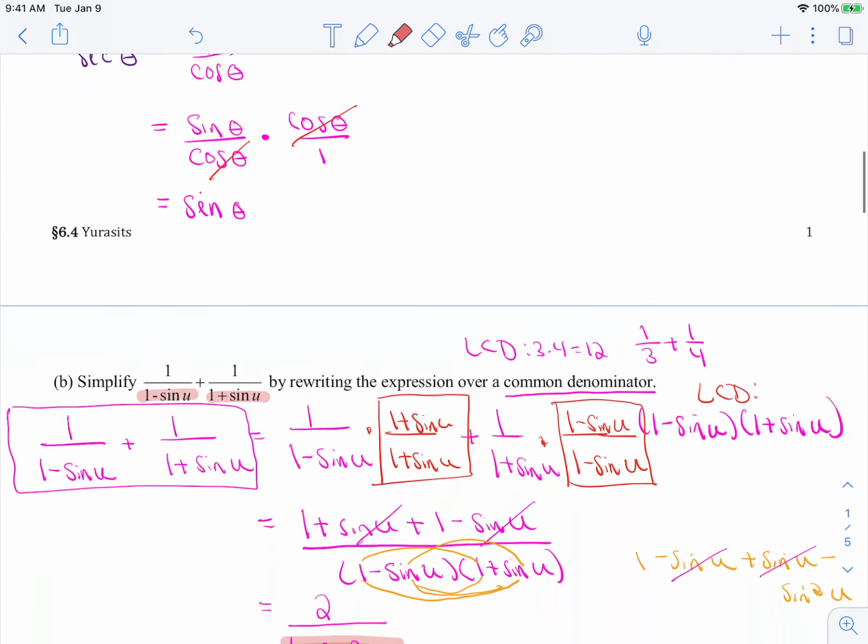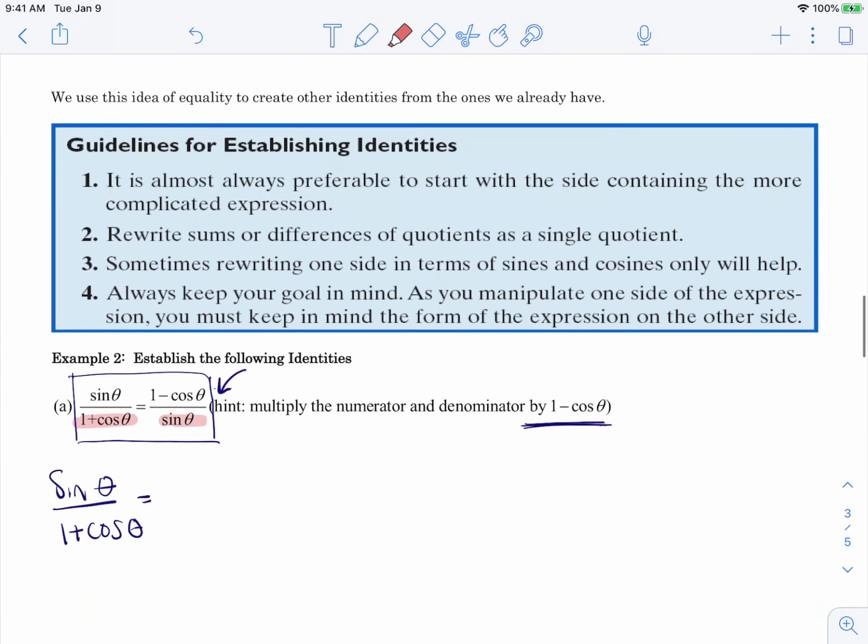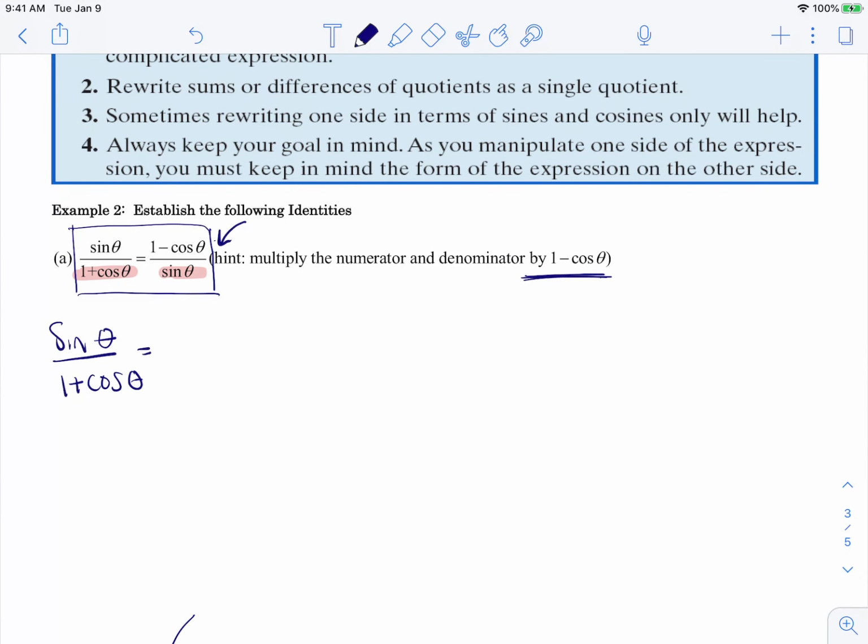Okay, so what I'm going to show you is I'm going to rewrite this. This tells me to multiply the numerator and denominator by 1 minus cosine theta. You won't be given hints after these videos, but this is a good hint and it will come in handy when you're doing other ones.